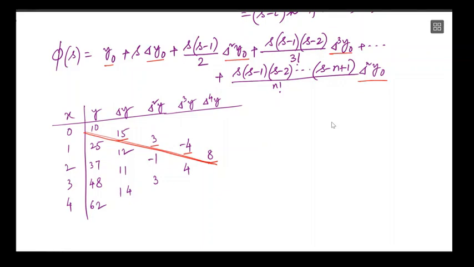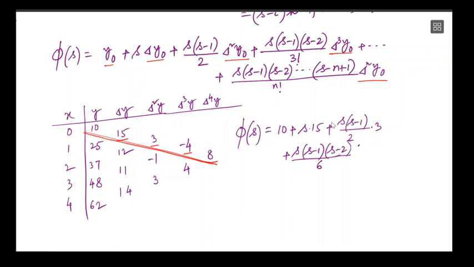So, for these given values of x and y, if we wish to find the Newton's forward interpolation polynomial, that will be given by phi s equals 10 plus s into 15 plus s into s minus 1 by 2 into 3 plus s into s minus 1 into s minus 2 by 3 factorial, means 6, into minus 4 plus s into s minus 1 into s minus 2 into s minus 3 by 4 factorial, that is 24, into 8, and simplifying this one you will get the required polynomial.